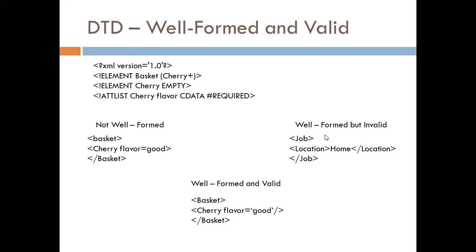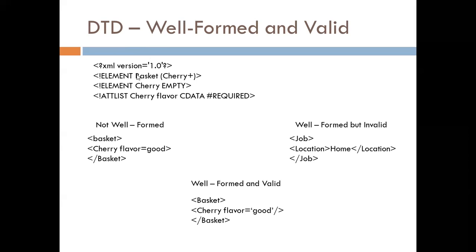In the other example over here, it is well formed but invalid. Well formed in the sense that with regard to the structuring, every opening tag has a closing tag. But here, the job and location elements are nowhere related to the DTD file.